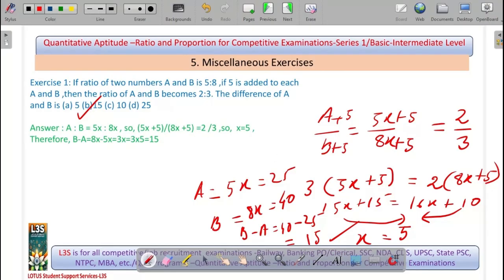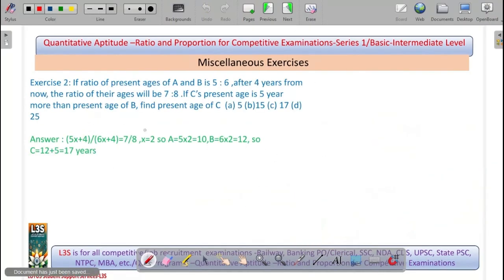Next question. If the ratio of present age of A and B is 5:6.